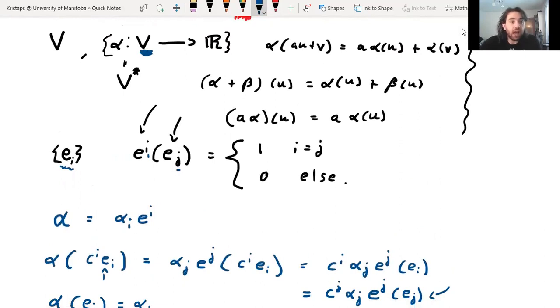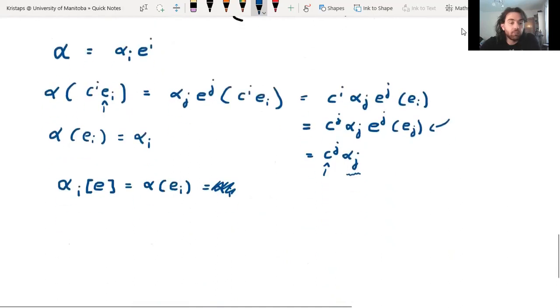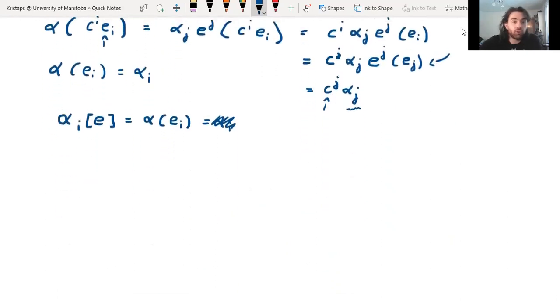And now for the dual space V star, we're talking about this basis of E upper i's induced by the original basis. We're going to see that the bases on both sides work together, because you could go in the reverse direction: a basis of V star would give you a basis of V. So the point is, this is the notation we're going to use for the coordinates of this functional.